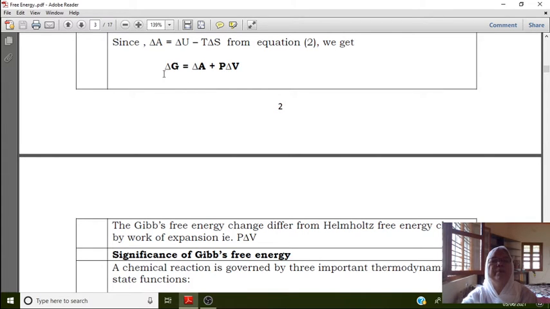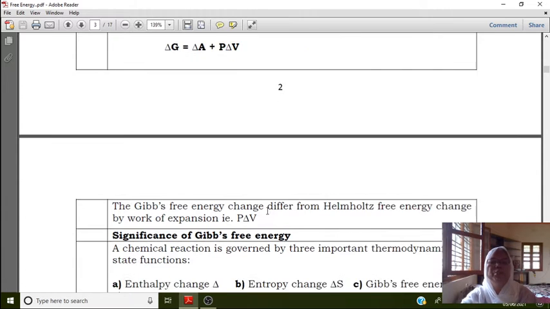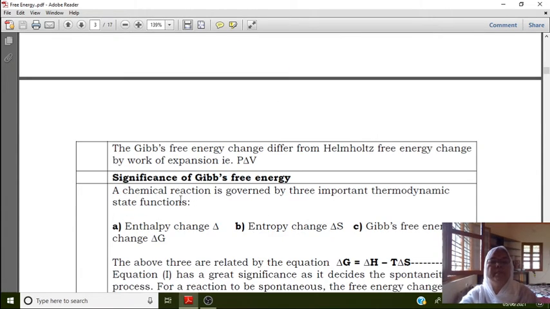Remember well, Gibbs free energy is more significant and more accurate than the Helmholtz free energy change, due to the fact that Gibbs free energy excludes the mechanical type of work, that is work of expansion. Then the significance of Gibbs free energy.